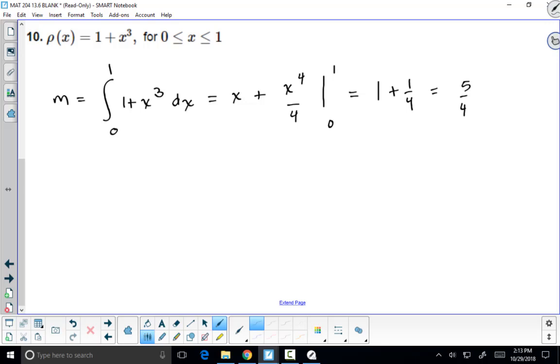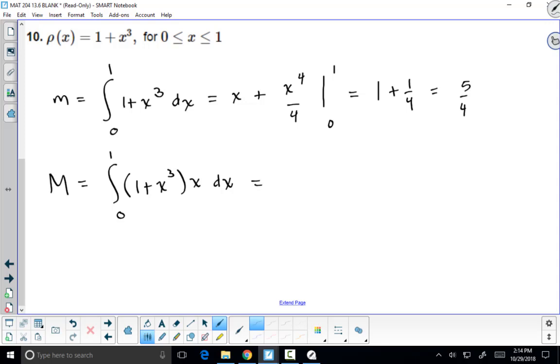Now let's find the moment. For the moment we have to multiply by x and then integrate again. So we take the density and multiply by the distance. x is just representing the distance to each point along the rod, the distance from wherever we designate the 0 to be.